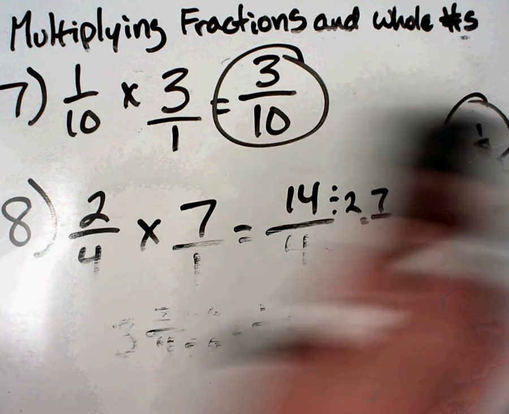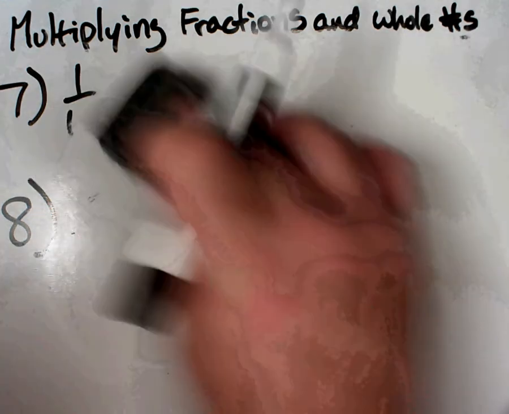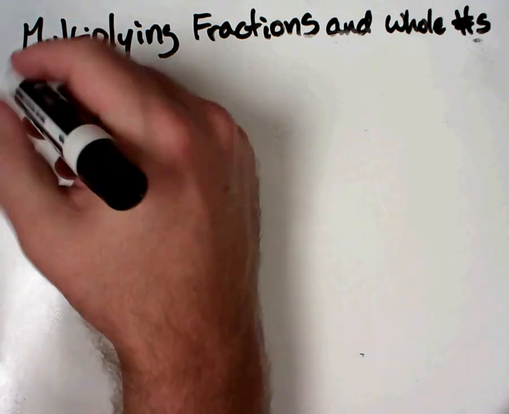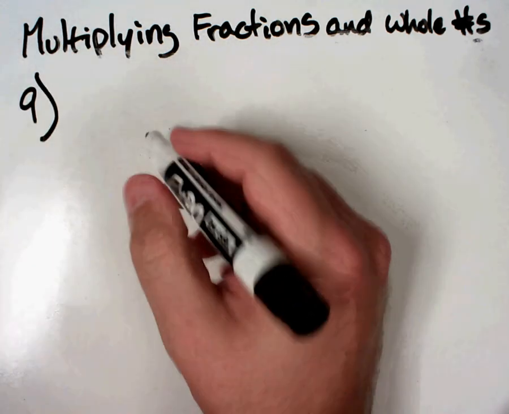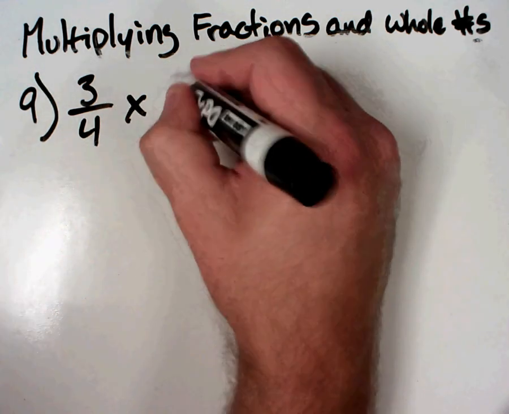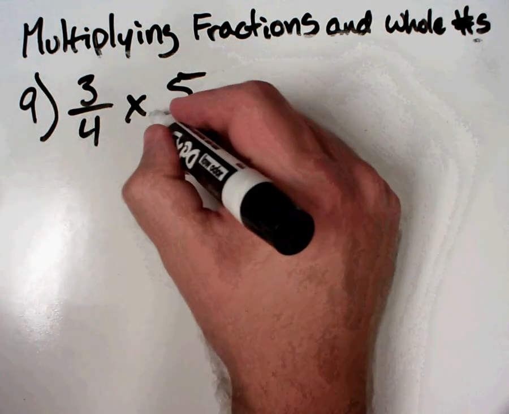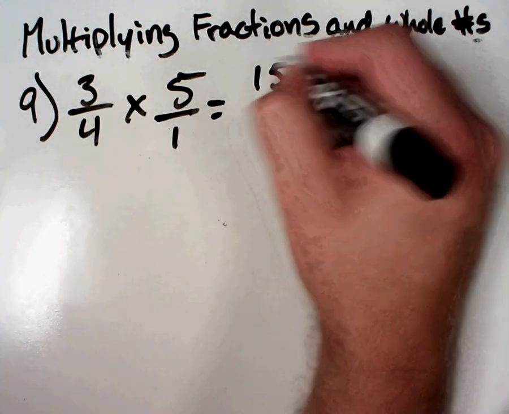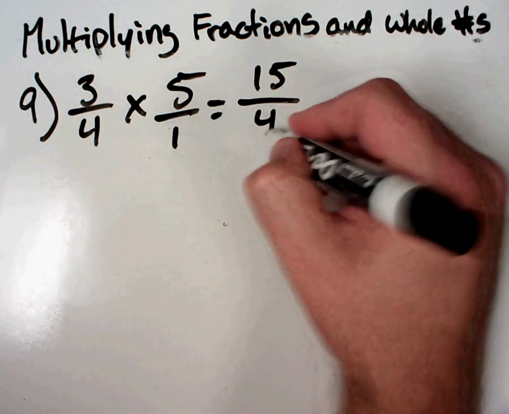All right, on to number 9. All right, number 9 is 3/4 times 5. 3 times 5 gives me 15. 4 times 1 gives me 4.